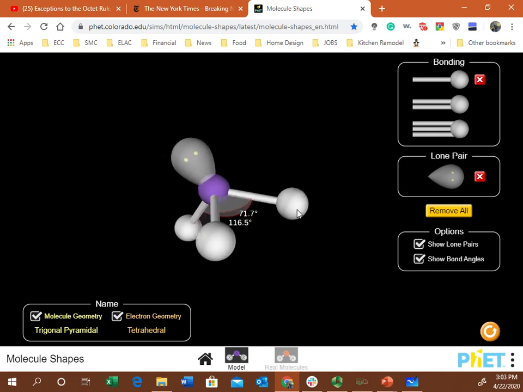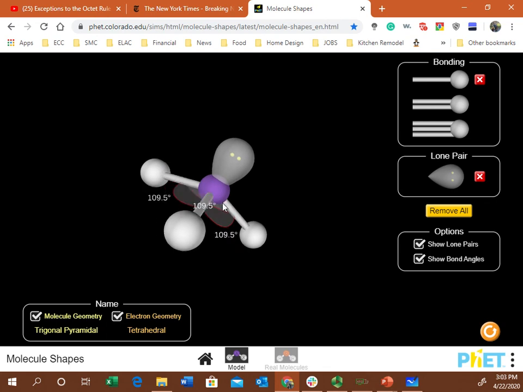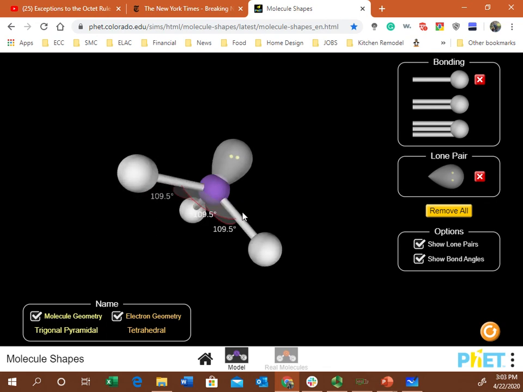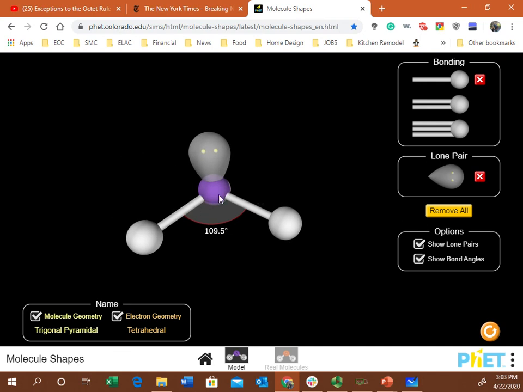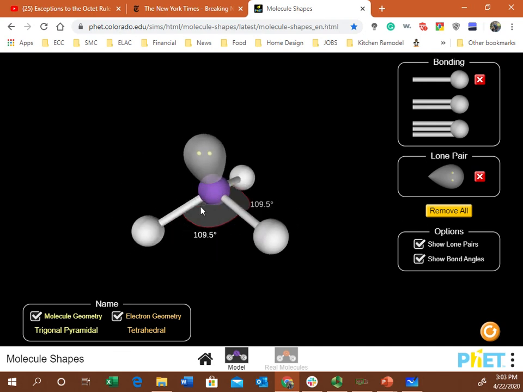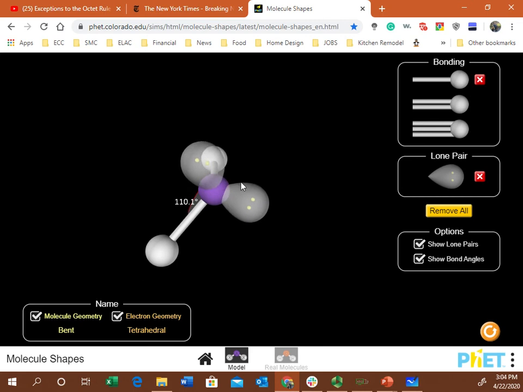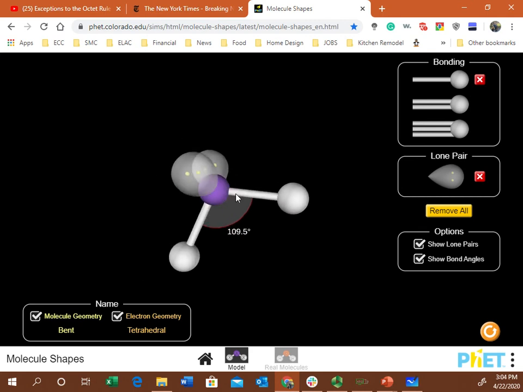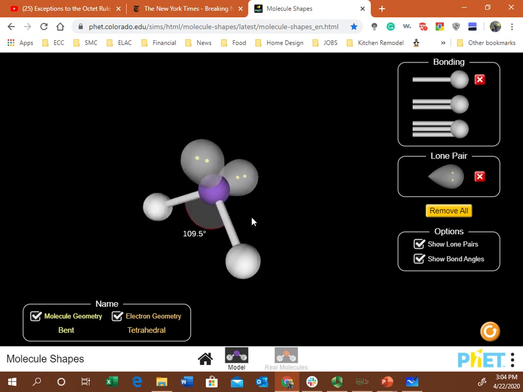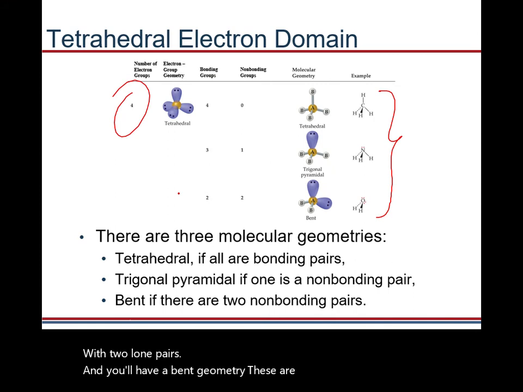Notice it's still tetrahedral distribution of the electron groups, but the geometry now is known as trigonal pyramidal. Okay? With a bond angle less than 109.5. Trigonal pyramidal. And next I can have 2 bonds with 2 lone pairs, and you'll have a bent geometry. Okay? You'll have a bent geometry. These are the 3 molecular geometries that exist.